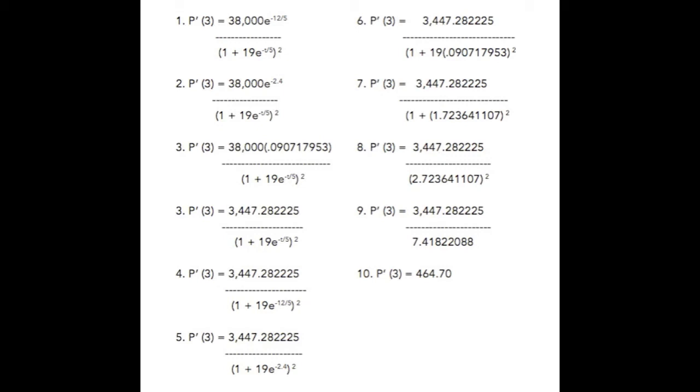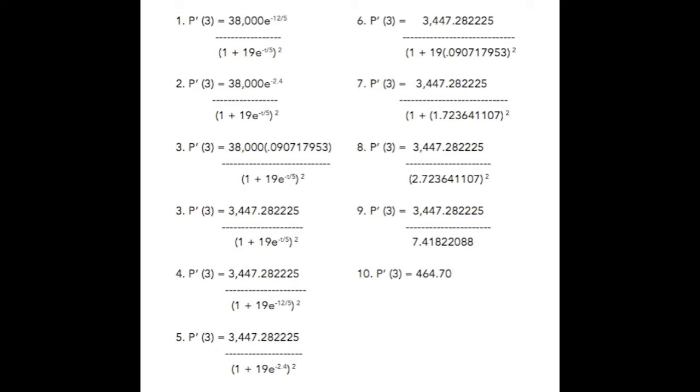When you have that, you go to your next step, which is dividing your answer of 3,447.282225 over 1 plus 19e, inserting in the t your value of 12, which gives you e to the power of negative 12 over 5, in parentheses, everything to the power of 2. The result of negative 12 over 5 should be negative 2.4.